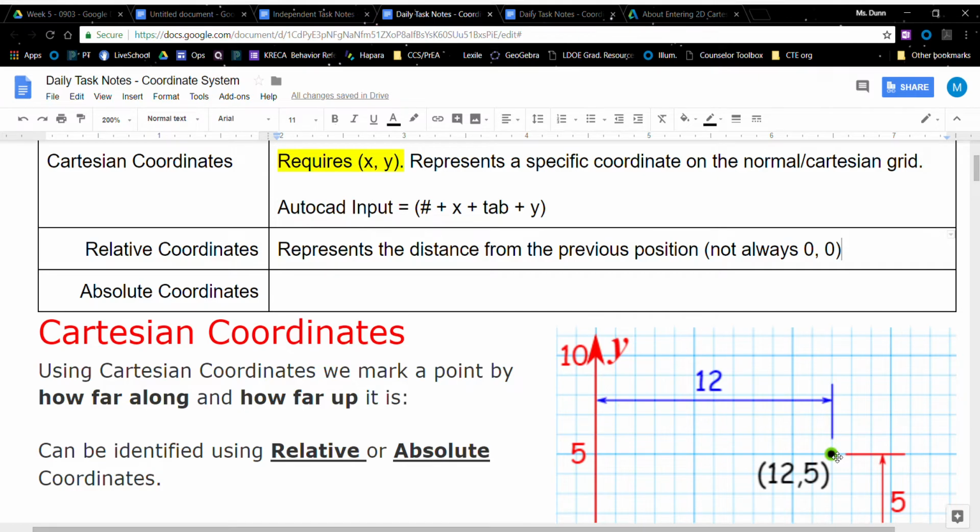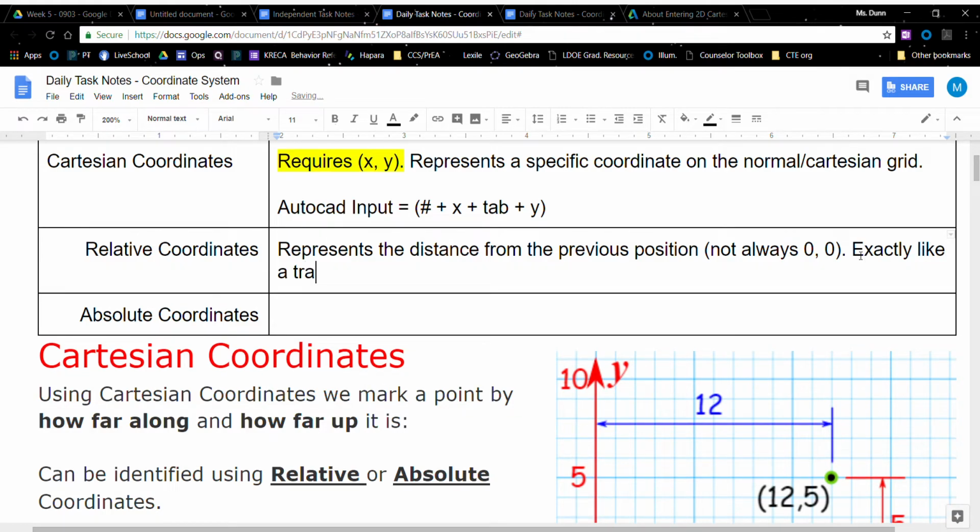If I put into relative coordinates, then I might say that I wanted 5 away and 2 up, right? I'm telling you the distance from the previous point. So it's exactly like a translation in geometry.